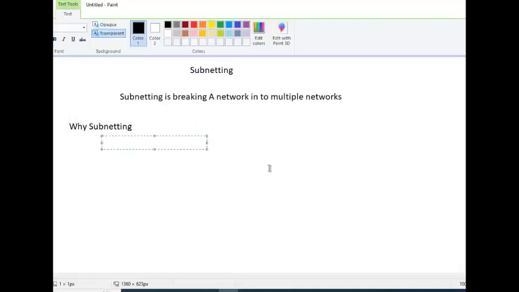Why subnetting? We need many networks. We don't want just one big, large network in our organization. We need many networks because we have many departments.